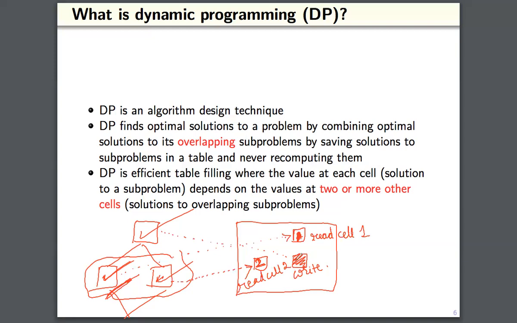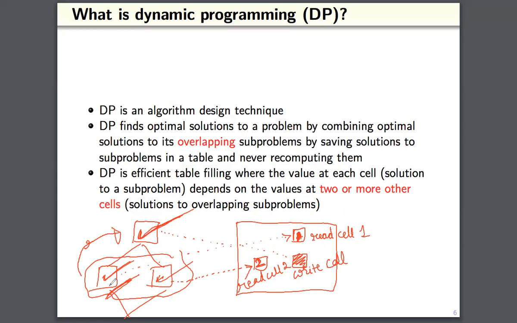So this relationship between a write cell and read cells is the recurrence. This is also a recurrence: how a problem is related to its subproblems. How do you use the solutions of the subproblems as the solution to the original problem? That is the recurrence.